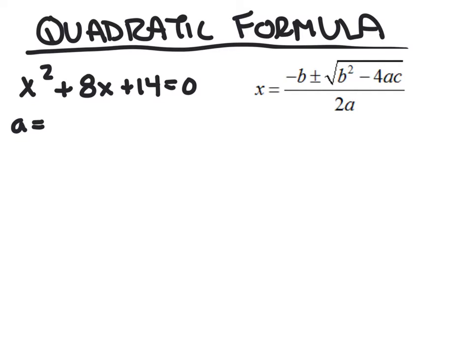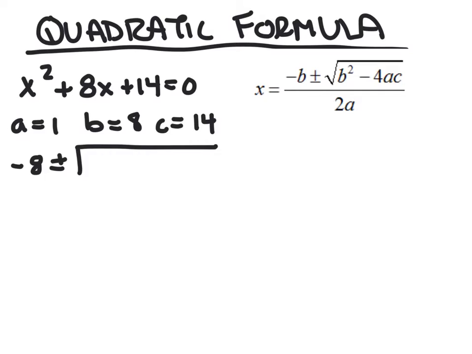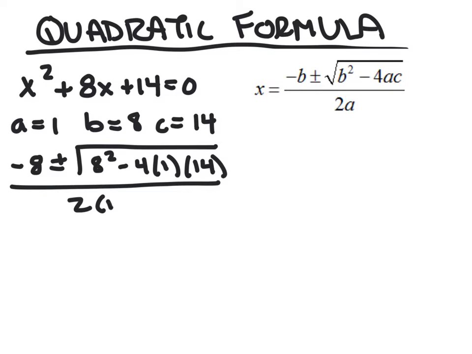I could complete the square there, but for sake of space and other things, I'm going to do it using the formula. So it's the negative of b plus or minus the square root of b squared minus 4 times a times c, all over 2 times a.